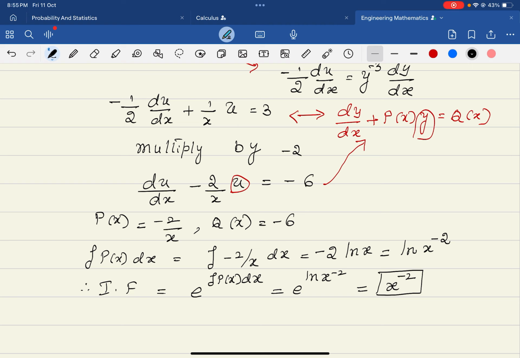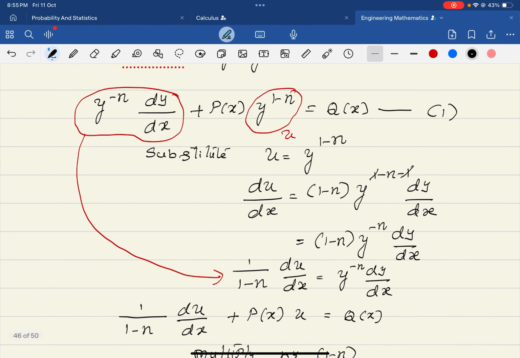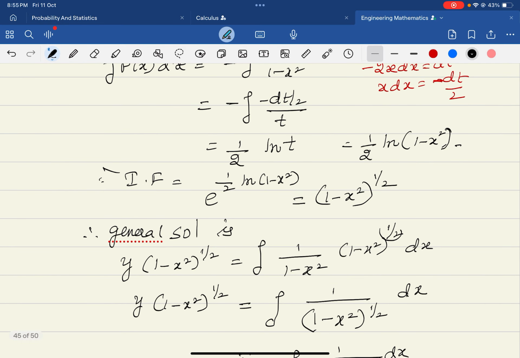Now we can write down the general solution. What is the general solution? In linear form, the general solution is y times integrating factor is equal to integral of q times integrating factor into dx. Correct?